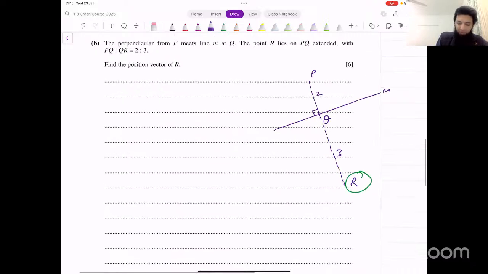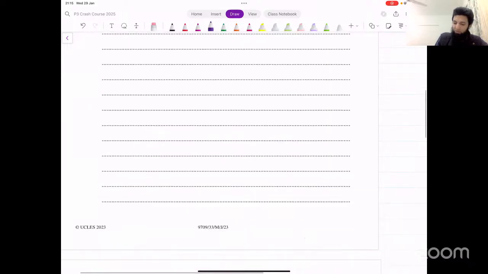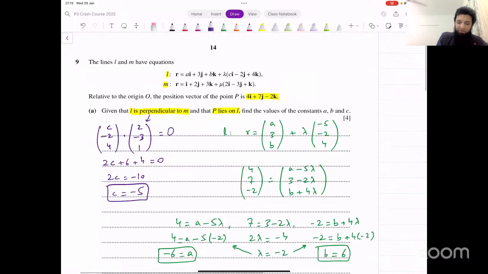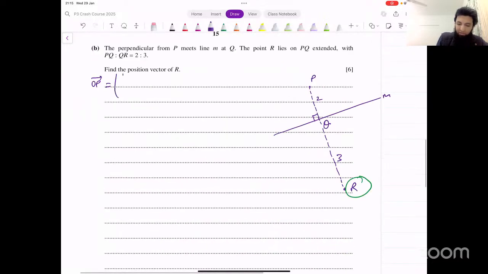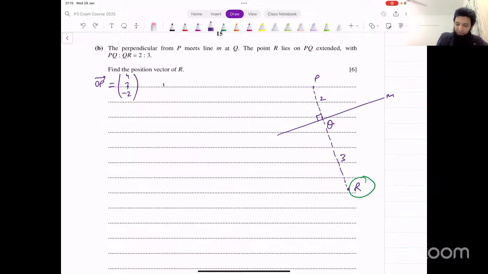We have the point P. Let's write that down. The point P has these coordinates 4, 7, minus 2. The position vector is going to be 4, 7, minus 2 like this. This is the point P, position vector of that. We have the equation of the line M. What's that?